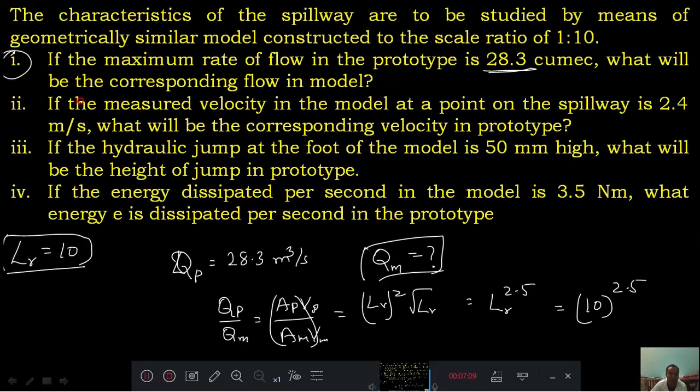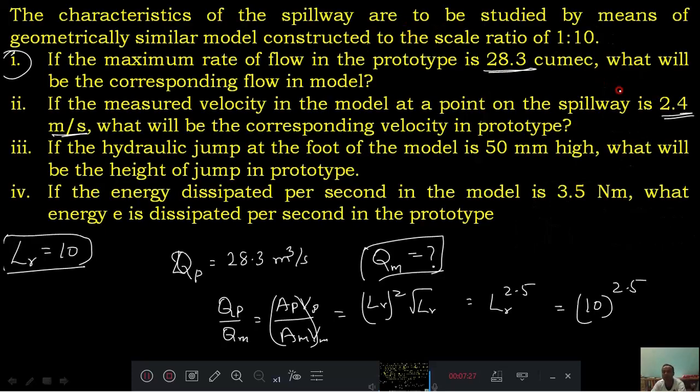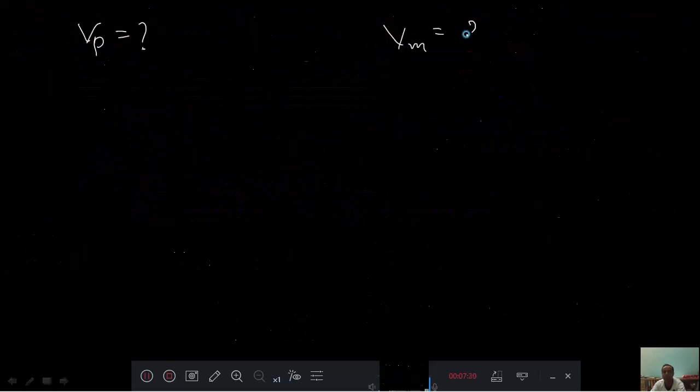Now, if the measured velocity in the model at a point on the spillway is 2.4 meter per second, what will be the corresponding velocity in the prototype? Vp unknown, Vm known. Vm is 2.4 meter per second.